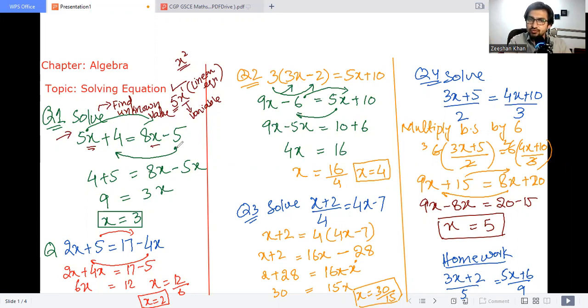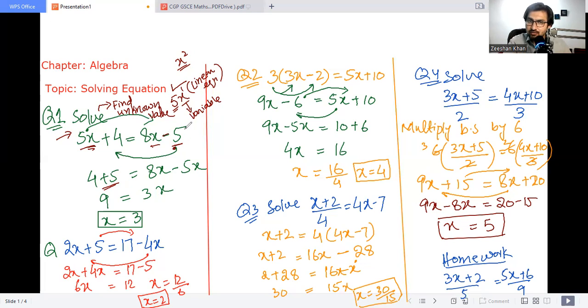So if you see this is a number, I will shift this to the other side of equality. And this is the 5x term. I will shift this to the right side of equality. So when I shift this 5 to the left side of equality, it will become plus 5. Remember this rule? When you shift a number with a negative sign to the other side of equality, whether left or right, the sign will change.